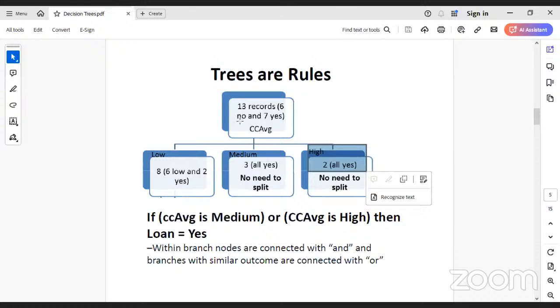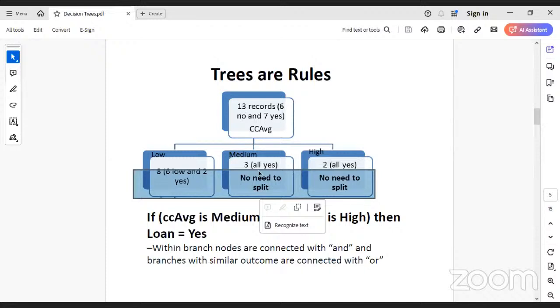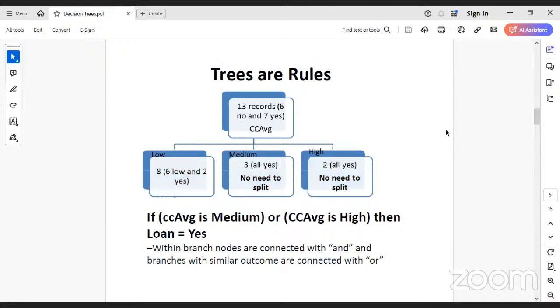You write it as: if CC average is medium, then loan is equal to yes, because this dependent attribute is personal loan. So the first rule or branch is: if CC average is equal to medium, then personal loan is equal to yes.